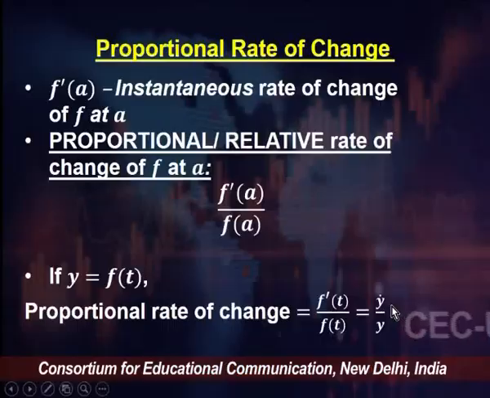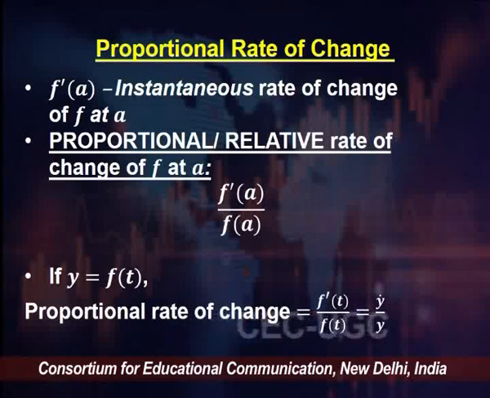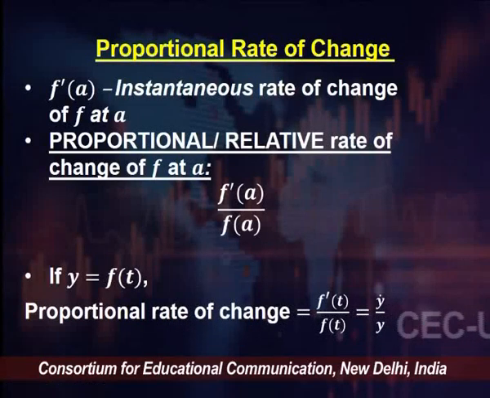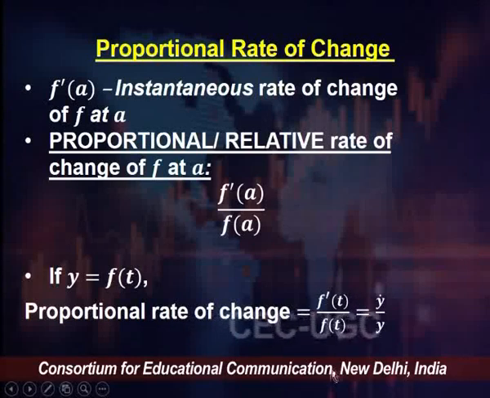In that kind of situation, when I want to talk of the rate of growth, if you have done your first level macroeconomics, let's say you want to calculate the rate of growth in income, then you would take a discrete change. Let's say I want to know the rate of growth of income when you move from time period T1 to T2. You will take the final value minus the initial value divided by the initial value, right? So here you can take this as a discrete analog of this formula.